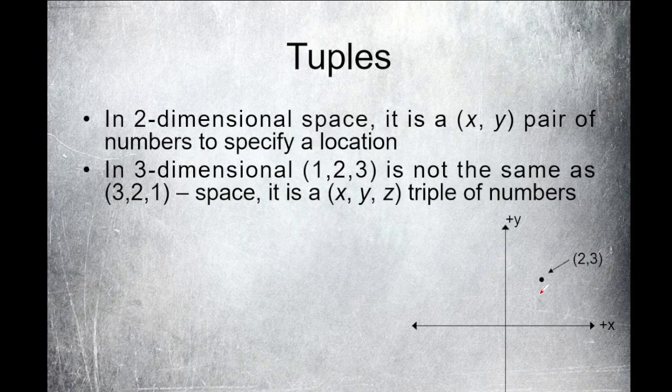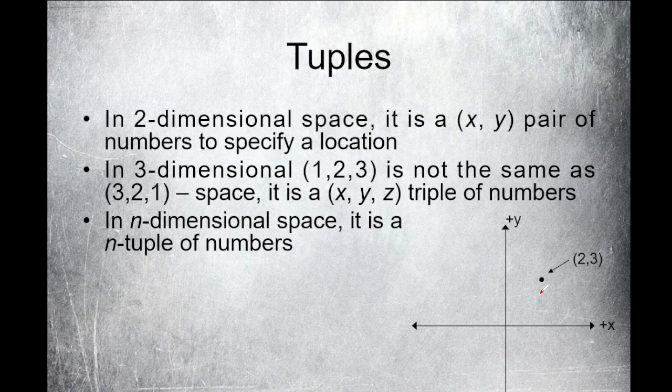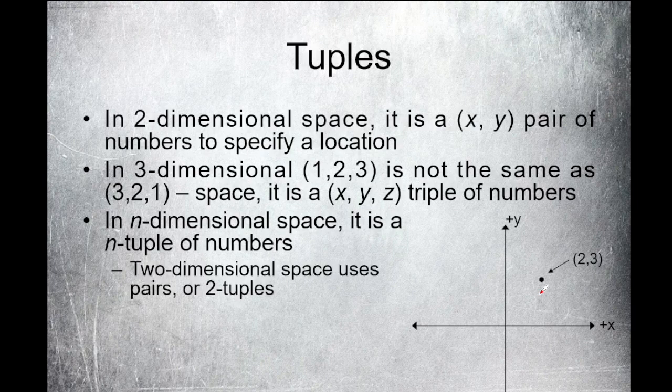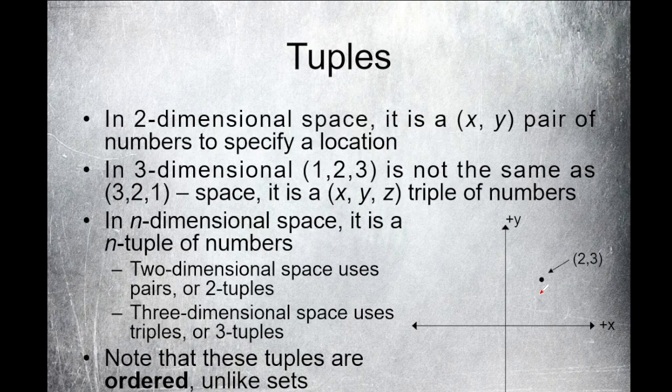For a 3-dimensional representation, 1, 2, 3 will not mean the same as 3, 2, 1, because it's a combination of 3 values. So in n dimensions, that will be called an n-tuple. For 3 dimensions it will be a 3-tuple, and for 2 dimensions a pair, a group of 2, likewise. Okay. So that is the case.